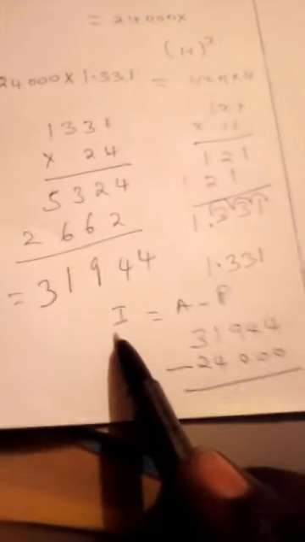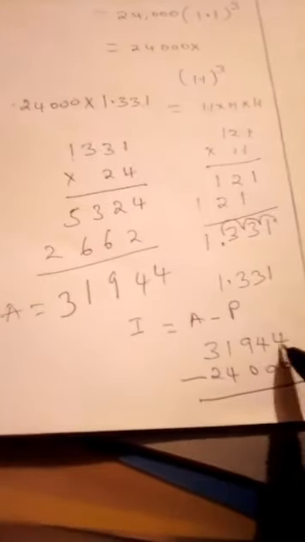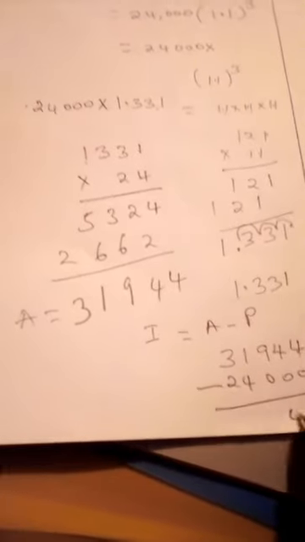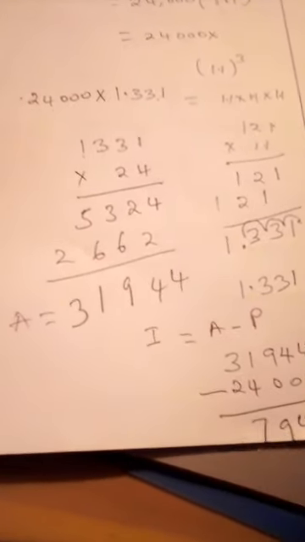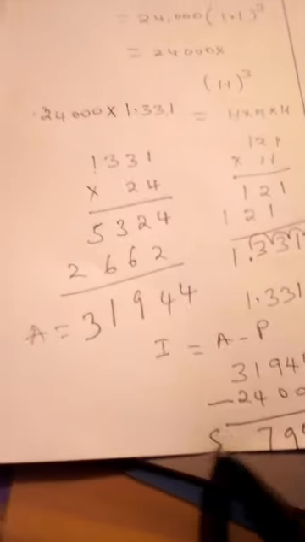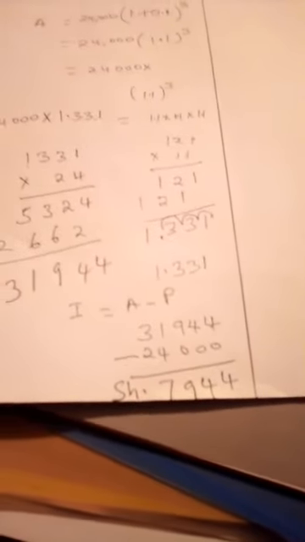This is going to be 4, this is 4, this is 9, this is 7. So we have it in shillings: 7,944 is our compound interest.